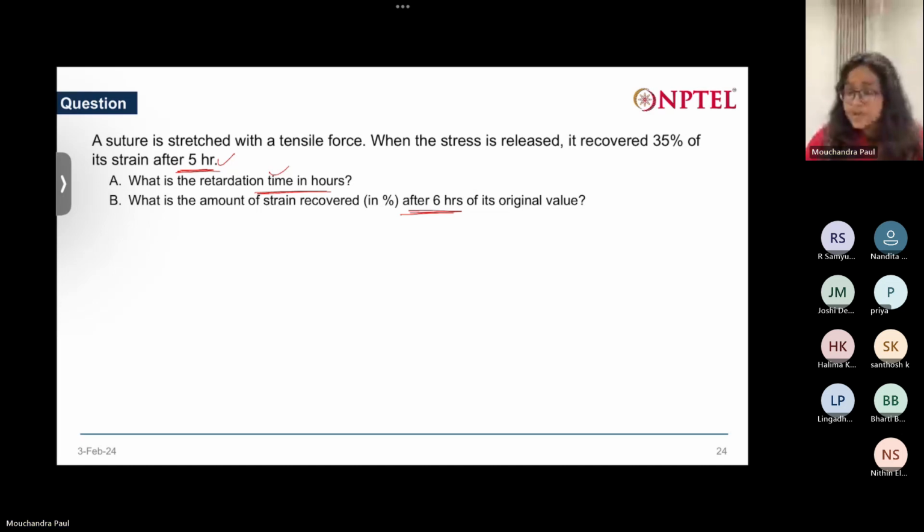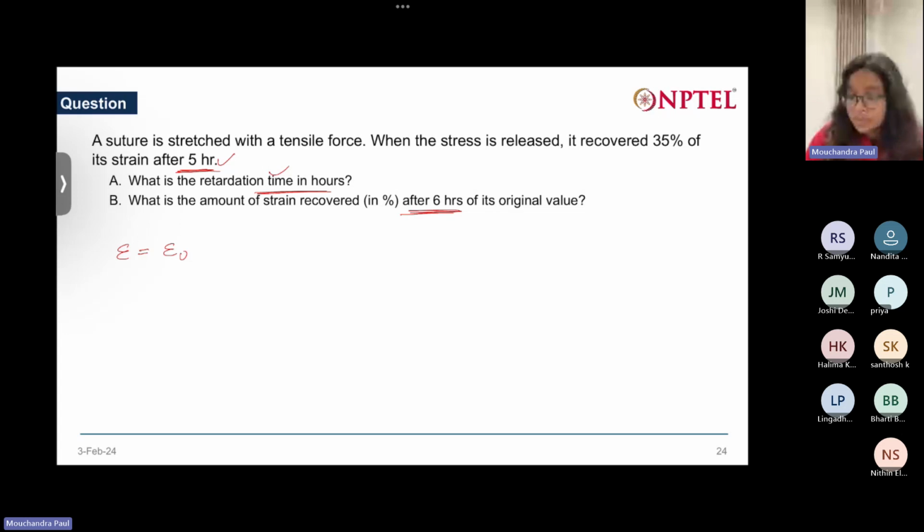For solving this question, you will refer to this formula, which comprises quantities like strain. There is some initial strain and some final strain, but we are not given the exact values, we are given a ratio.